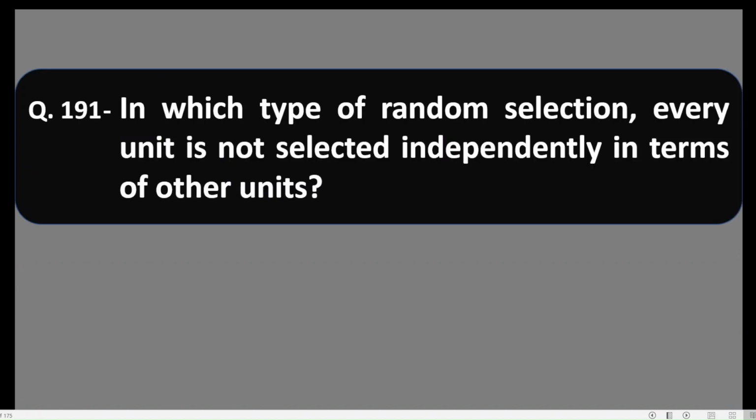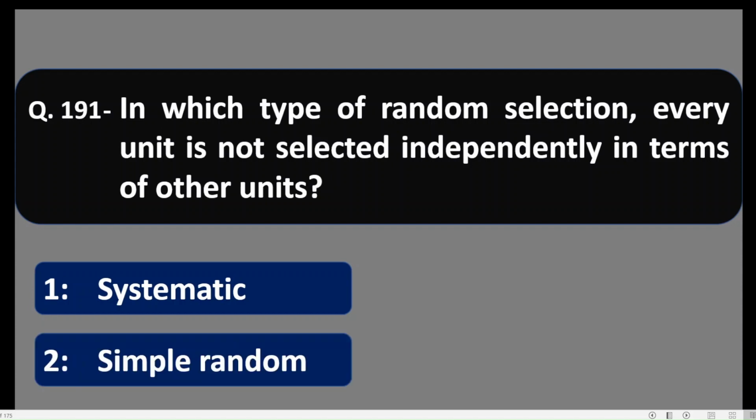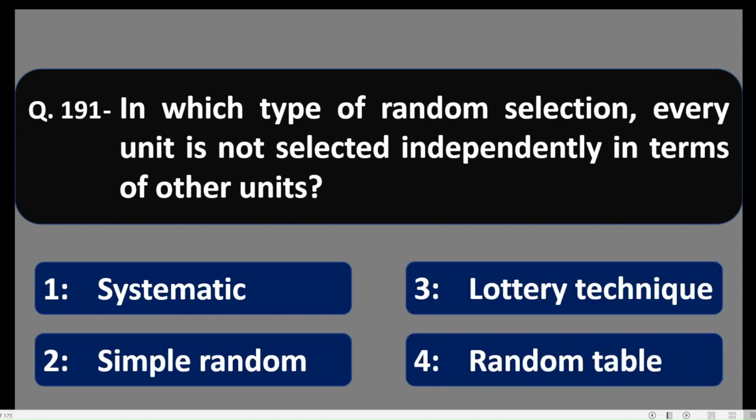Question 191. In which type of random selection every unit is not selected independently in terms of other units? Systematic, simple random, lottery technique, random table.